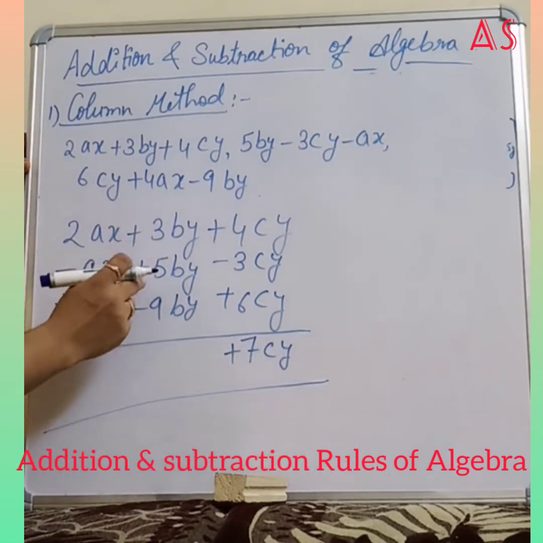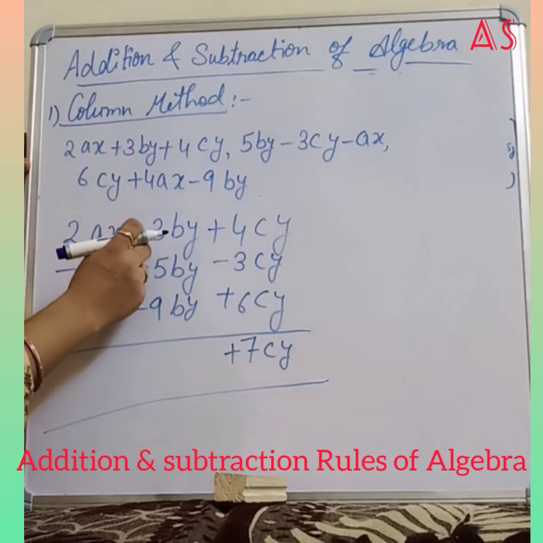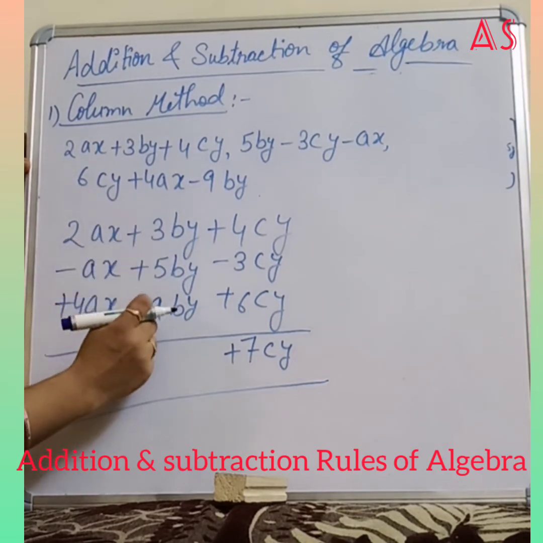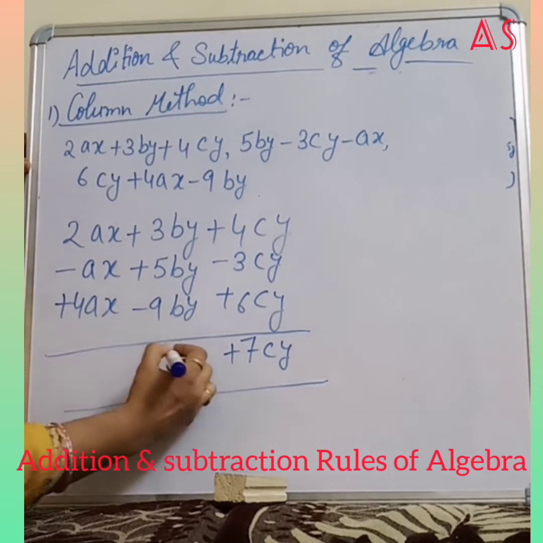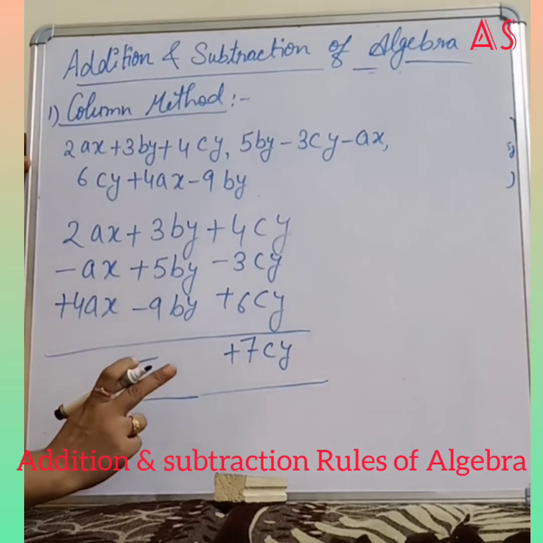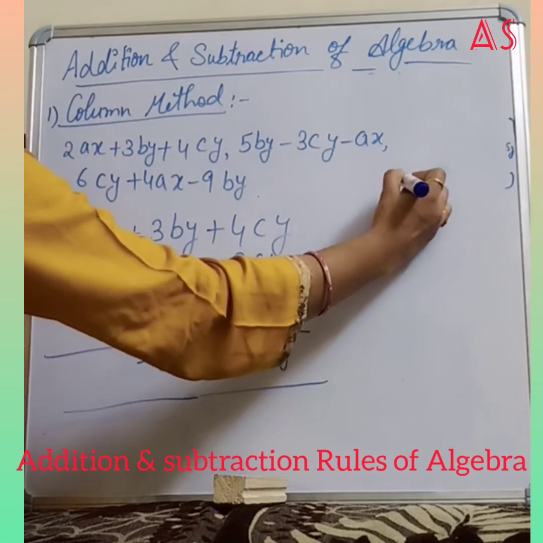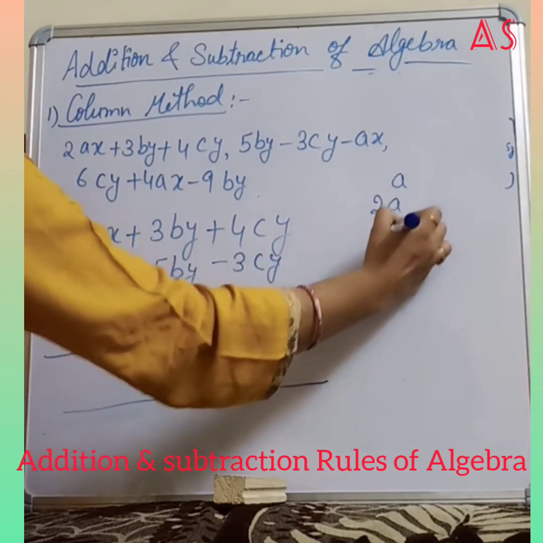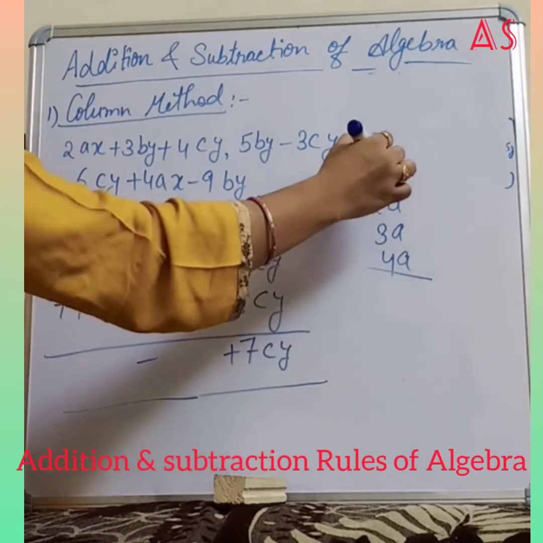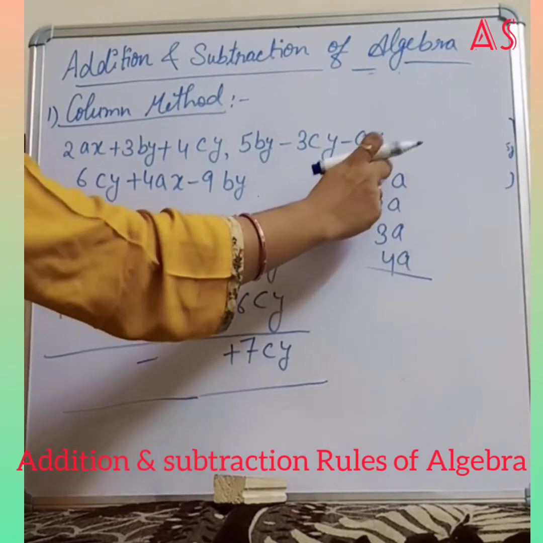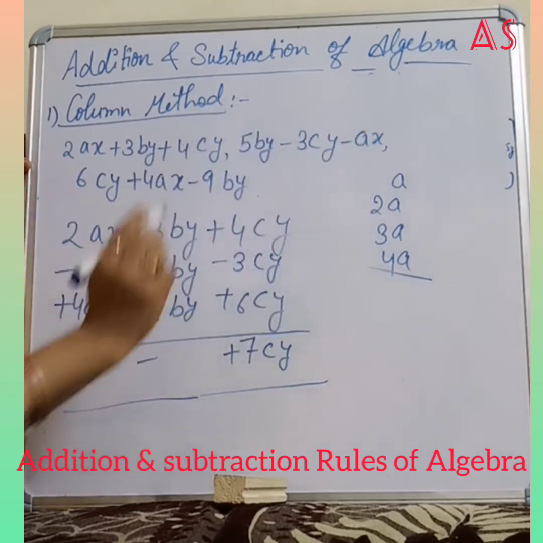Okay, now firstly add, then subtract. 5 plus 3 is 8, and 8 minus 9 is minus 1. So minus 1 we never write in algebra counting. How to write? a, 2a, 3a, 4a, like this. 1 we never write. If nothing is written, it means the digit is one in algebra.